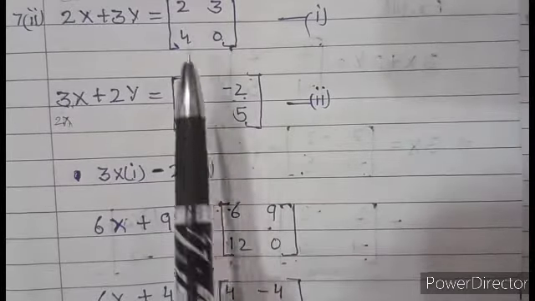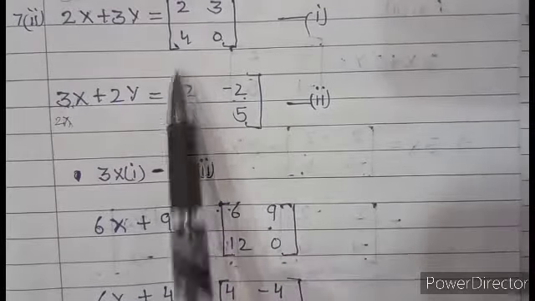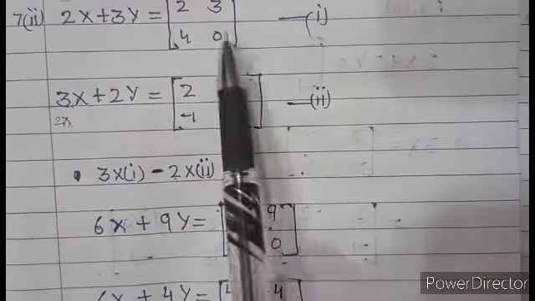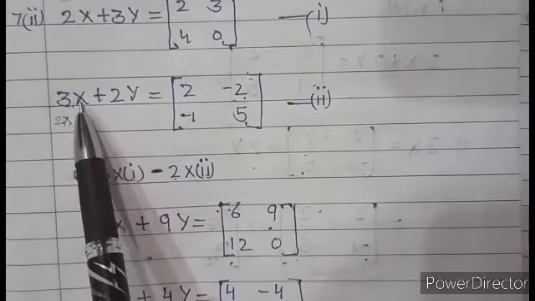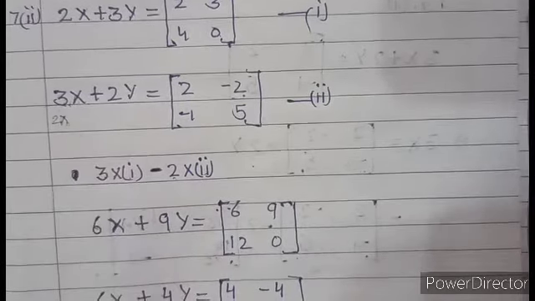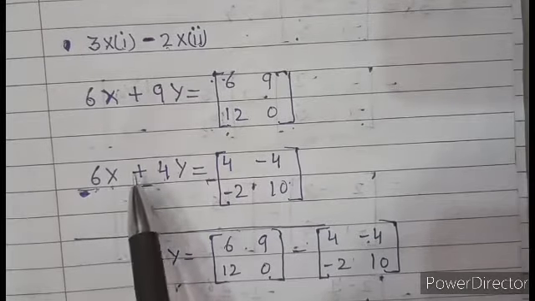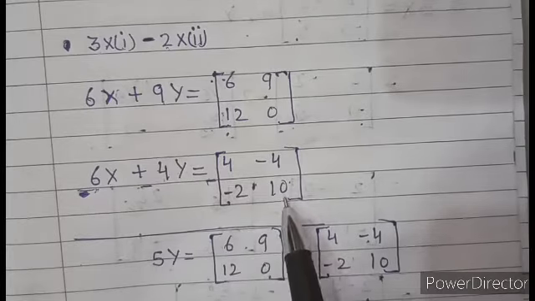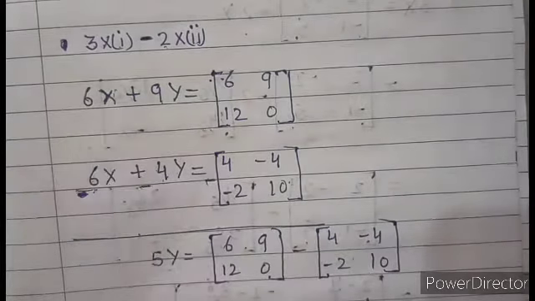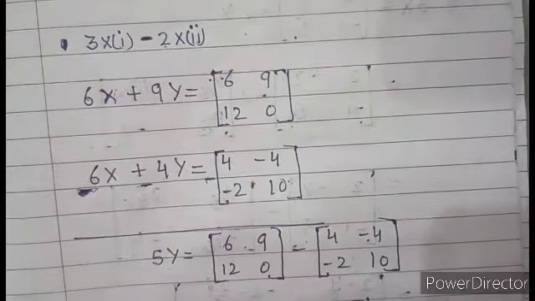We are getting 3 into 2, 6, 3 into 3, 9, and 3 into 4, that will be 12, and 3 into 0 will be 0. Similarly we will multiply the second equation by 2. On multiplying the second equation by 2 we are getting 6x plus 4y equal to the matrix 4 minus 4 minus 2 10.